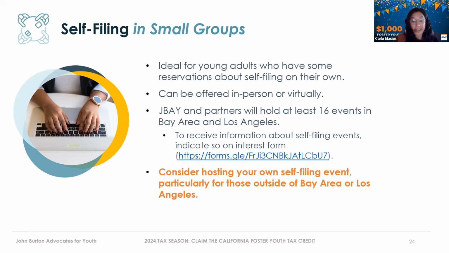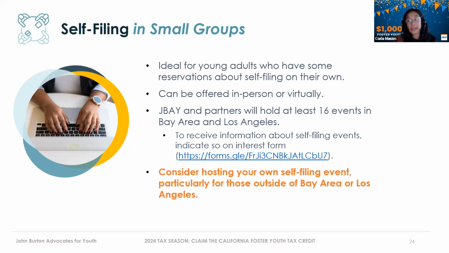And we all know that tax filing is an important financial literacy skill that all foster youth need to learn, and some may want to learn how to do it on their own. They just need a little bit of guidance. So self-filing in small groups is a great way for those young people who want to learn but just need that little extra support. So you might want to consider hosting a self-filing event in collaboration with a VITA program near you to support those who want to file on their own.